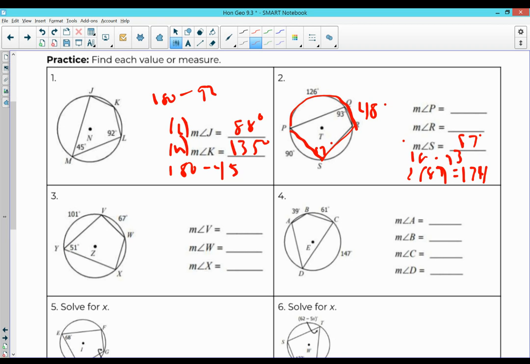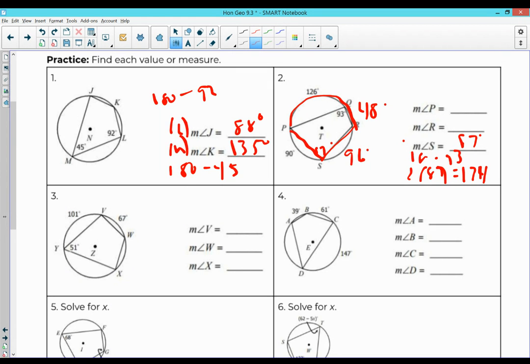Okay. So let's get this arc, SR. So let's do 360 minus 90 minus 126 minus 48. It gives us 96 degrees here. All right.